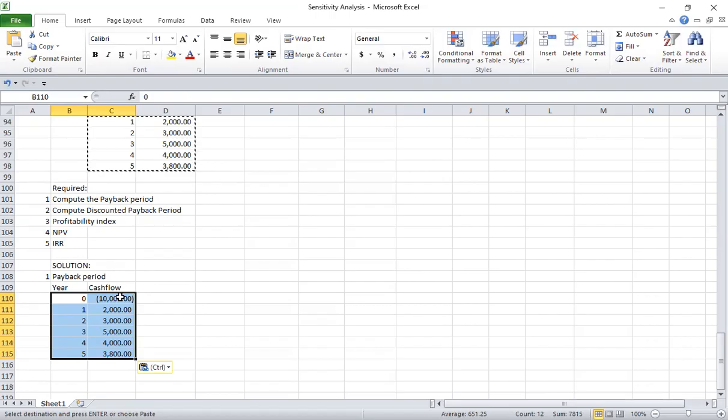The initial investment was this negative 10,000 shillings.